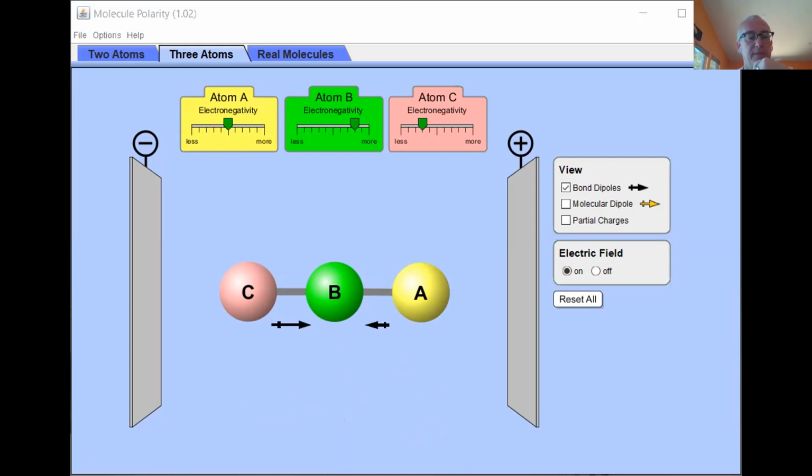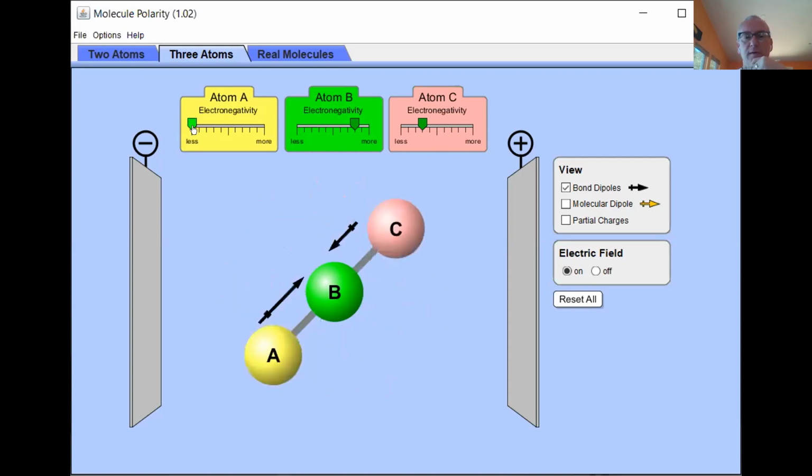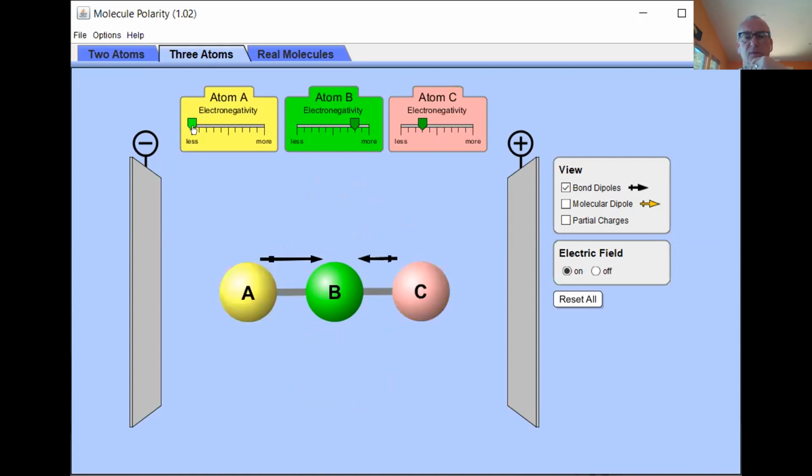So in other words, you made A less electronegative, and C then is more, and B is in the middle. We're making C more electronegative. So C would have the same electronegativity as B, basically? No, I made it to the maximum, and then B is in the middle. Yeah, I still have a molecular dipole.